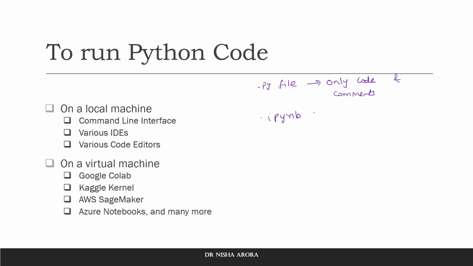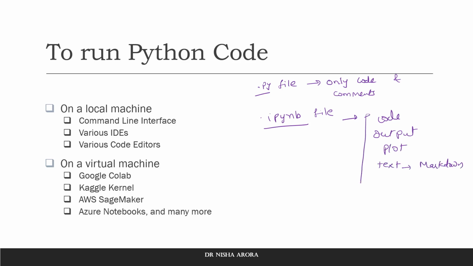Another format is the ipynb file, so the extension is ipynb, and we call it an ipython notebook. So how are ipython notebooks different from Python files? Notebooks include not only code, but they can also show you the output simultaneously, the plots, and some text in the form of markdown.